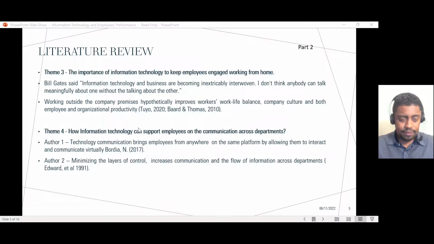For the next theme, how information technology can support employees in communication across departments. In this one, the first author found out that technology brings employees from anywhere in the world onto the same platform by allowing them to interact and communicate virtually. That's really powerful.